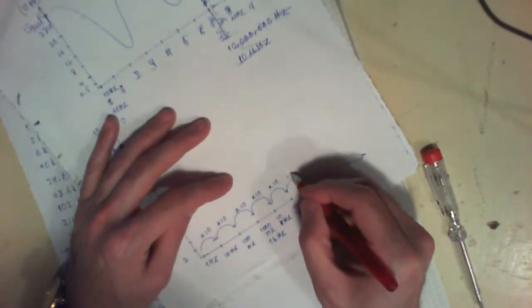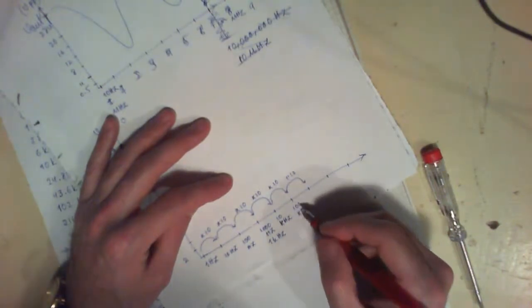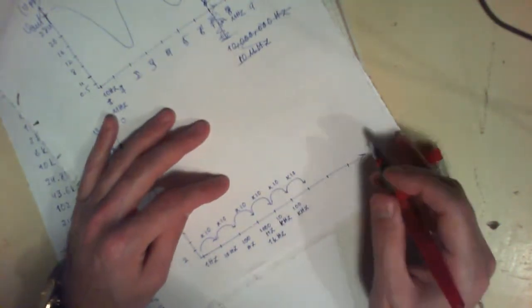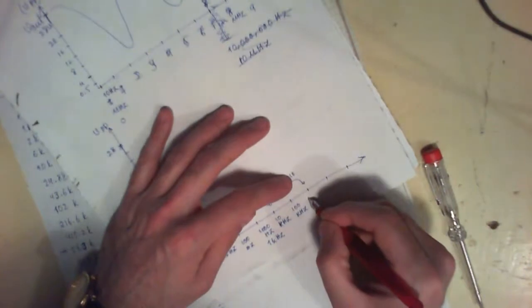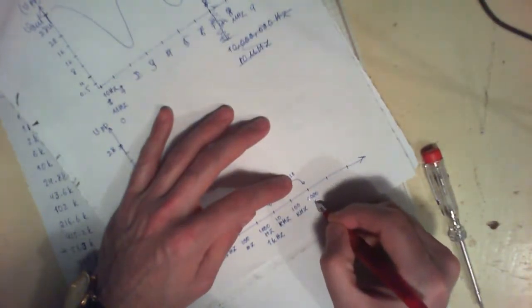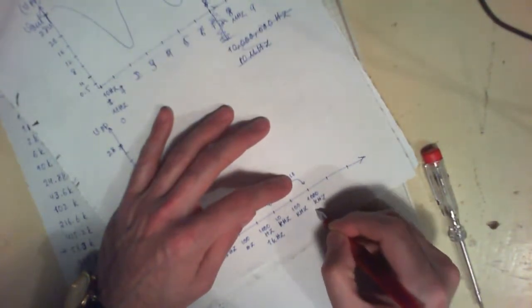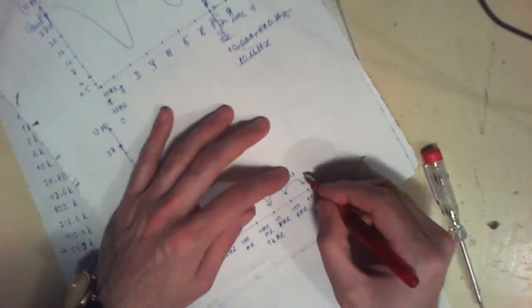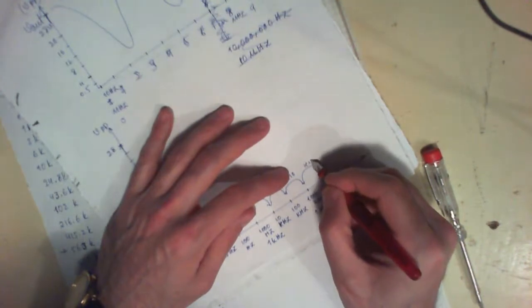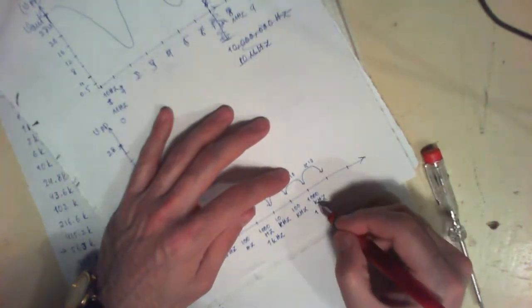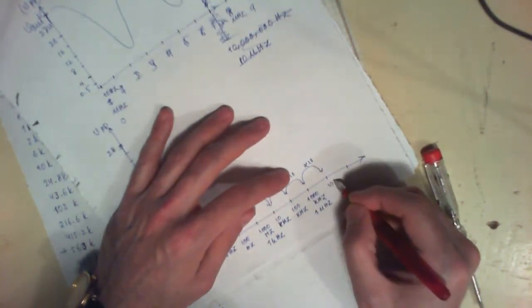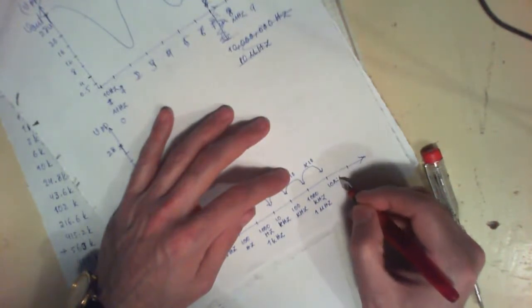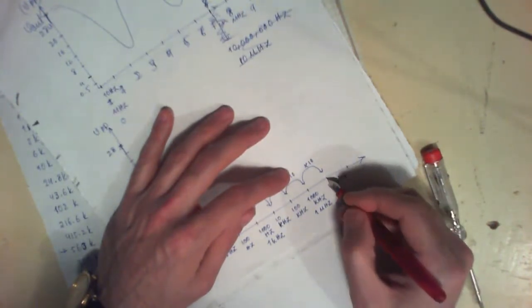You multiply by 10, you get to 1000 kilohertz, which is 1 megahertz. And then here again, if you multiply by 10, you get to 10 megahertz. And that's the end of the range that we are looking for.